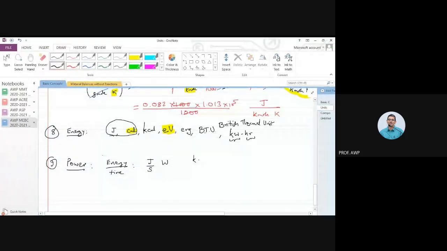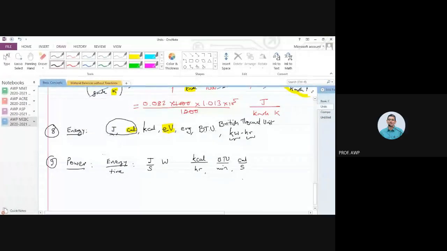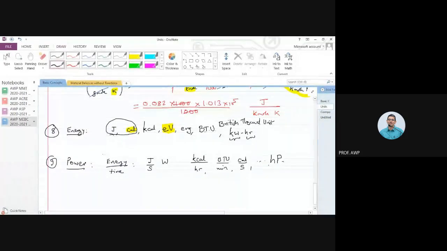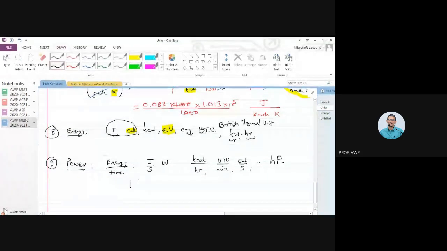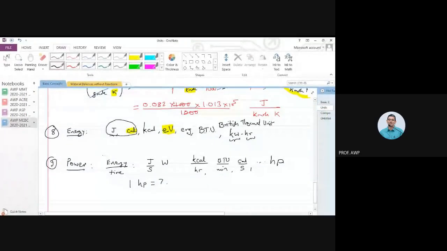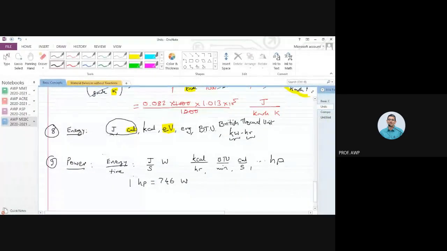But you could have any other unit, kilocalorie per hour, BTU per minute, calories per second. And there is one other favorite unit that people use, horsepower. 1 horsepower is how much in watts? 746 watts, right?